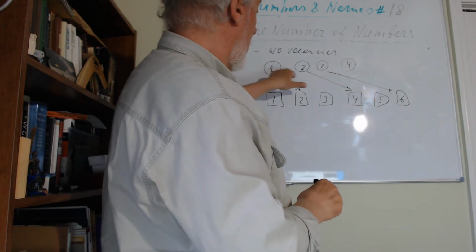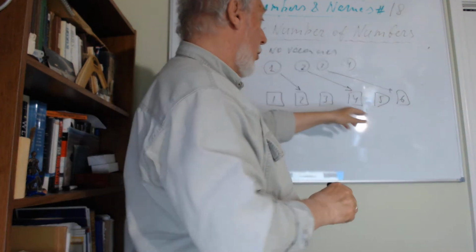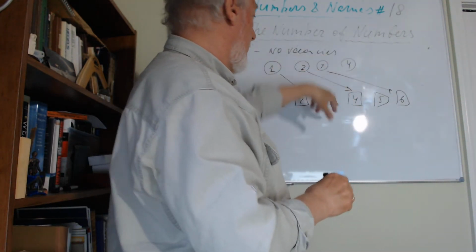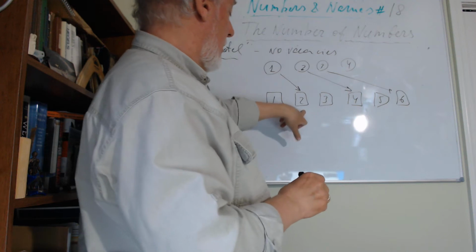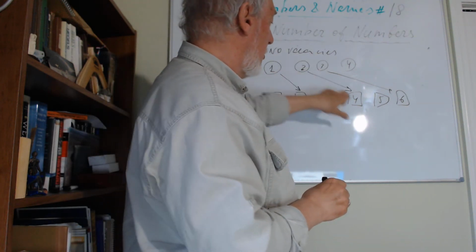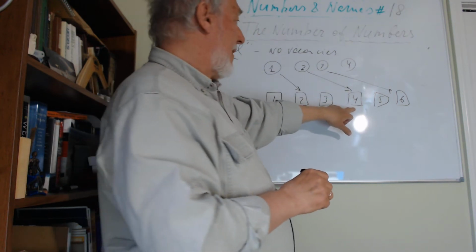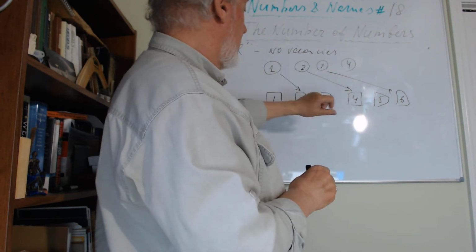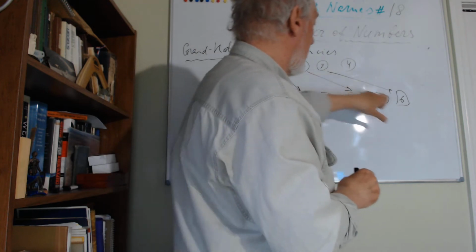So we remove the person from each room. Person 1 moved to room 2, but room 2 is emptied because person 2 goes to number 4. The same thing with 3 goes to number 6.